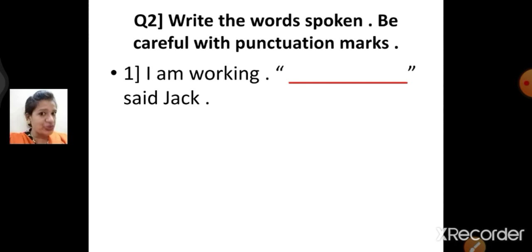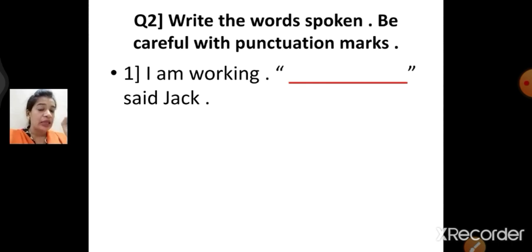Yes, you are going to use an apostrophe here, but you are replacing the missing letter with an apostrophe. So what you have to do here is write the same sentence that you can see, but use its contraction form. Now here I'll show you. I am working.